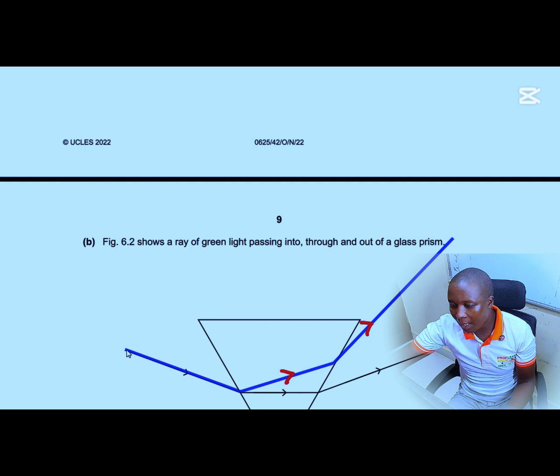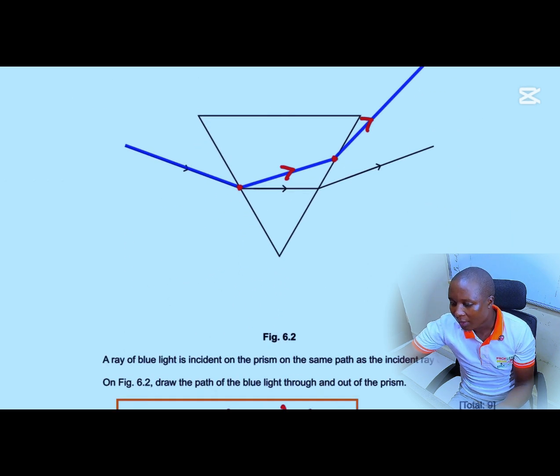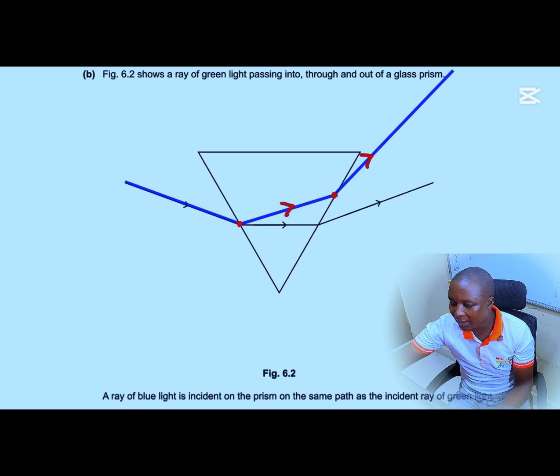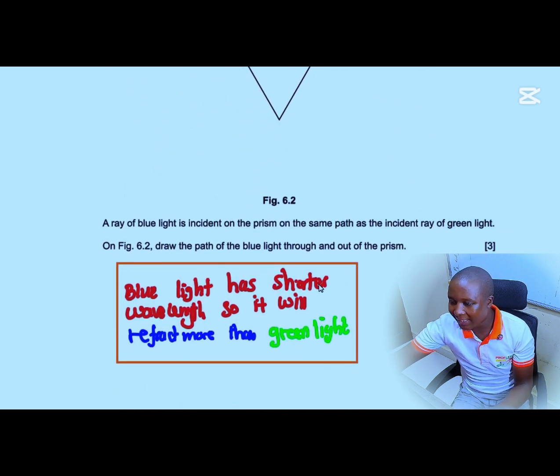If we have green light, it will follow that path, but blue light following the same path at this point will undergo a greater refraction. It will bend more, and at this point also it will bend more. So that's the way blue light will travel. The concept is that blue light has a shorter wavelength, so it will refract more than green light.